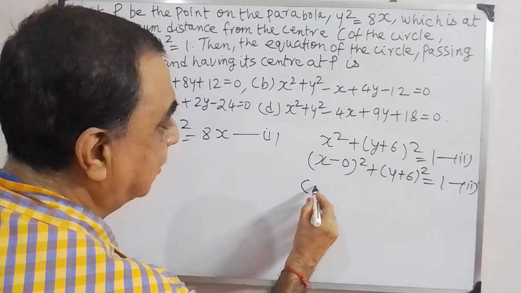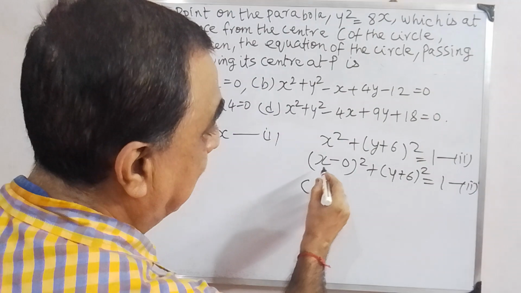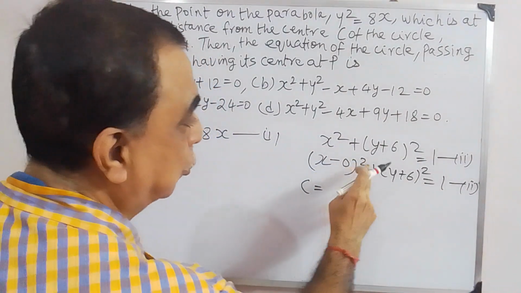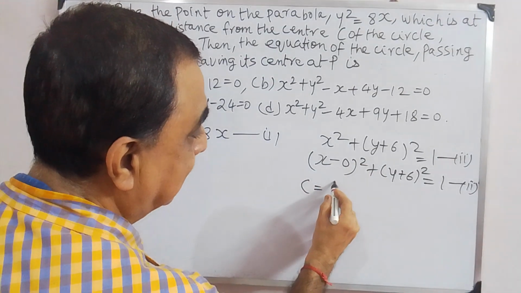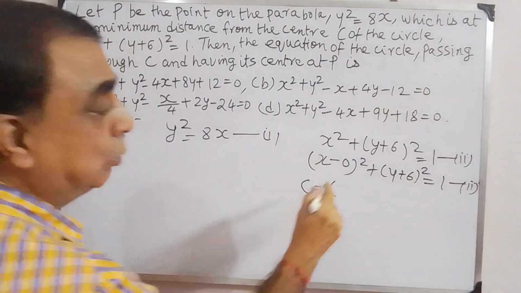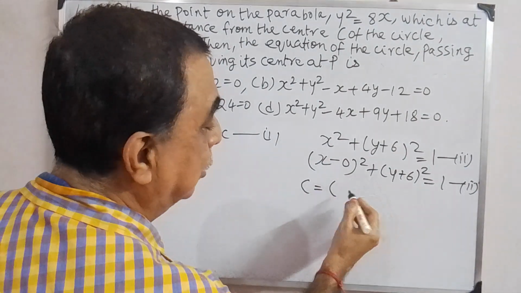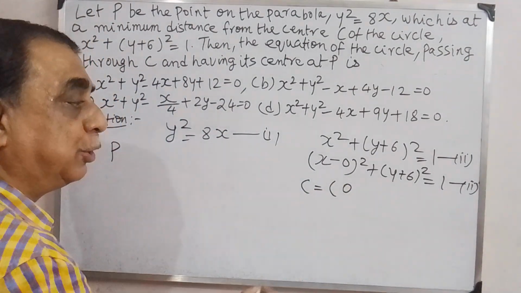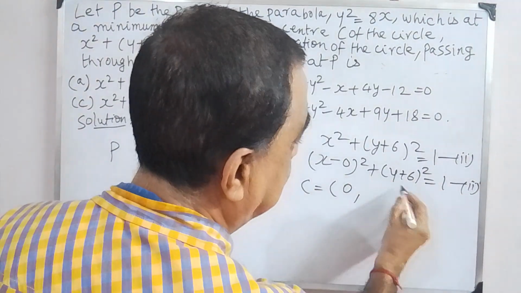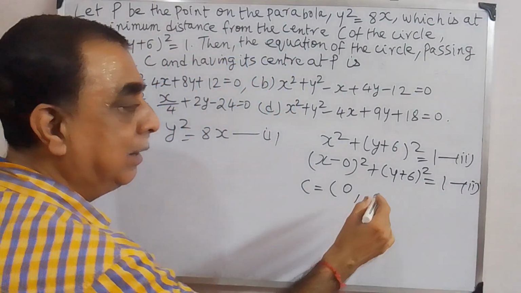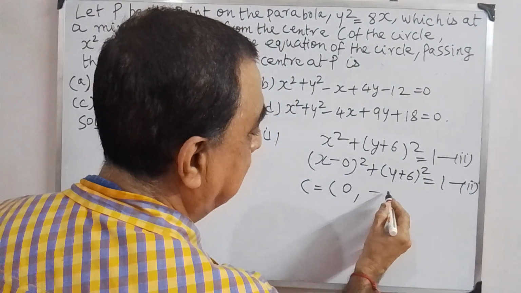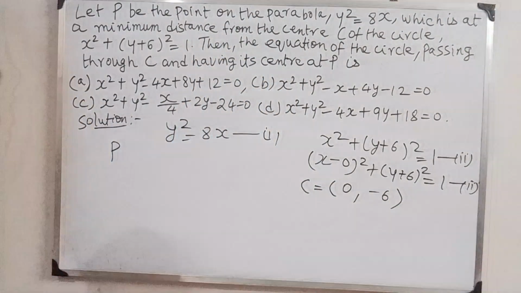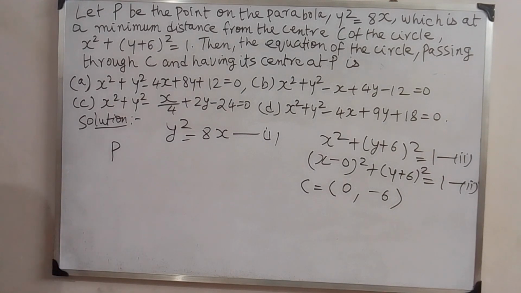Now the center C is the number with x in the bracket, with the opposite sign. Here minus 0 and plus 0 are both the same. So the x coordinate of the center is 0, and the y coordinate is the number with y, with the opposite sign. Here it is plus 6, so minus 6. So the center is (0, minus 6), and we have to find the coordinates of the point P.